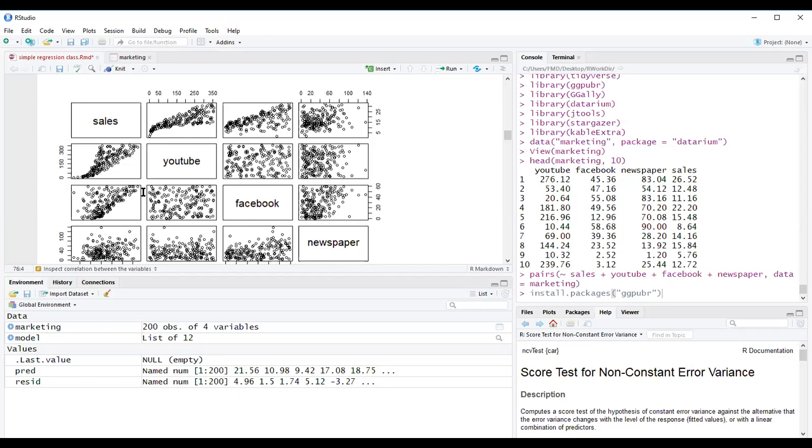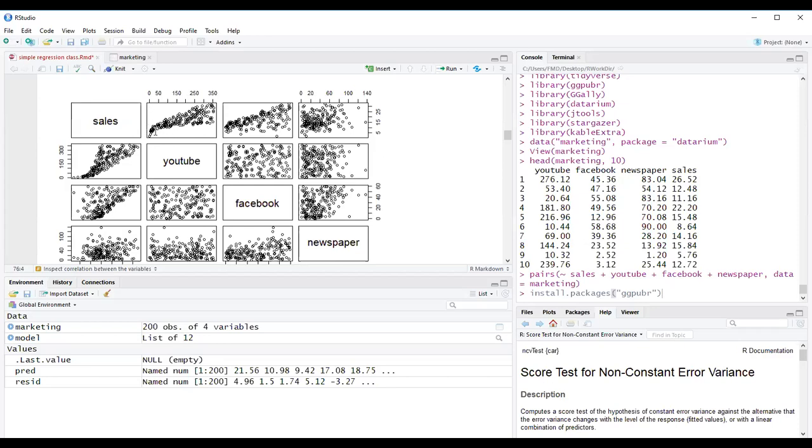The practice is that the y will be your dependent variable and the x will be your independent variable. So in our case, this is the plot we're interested in: sales as your y-axis and Facebook as your x-axis. And here, YouTube is your x-axis and sales is your y-axis.